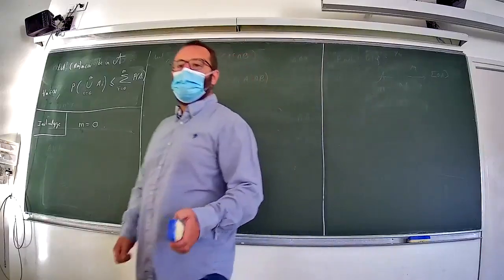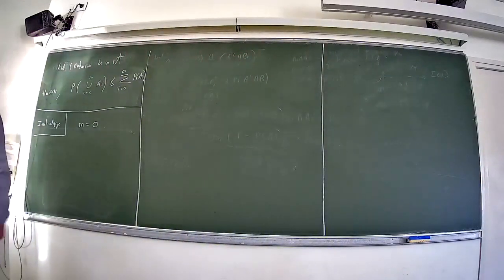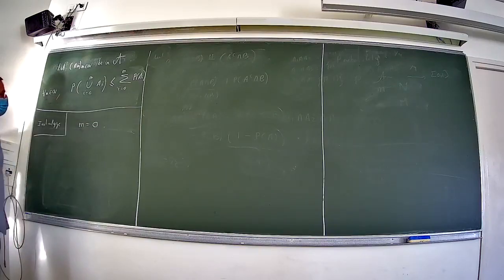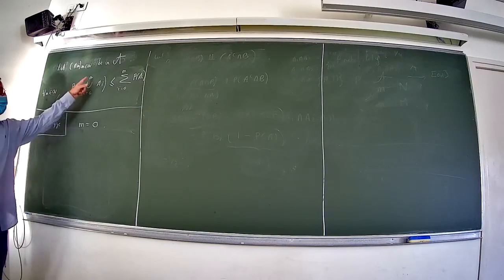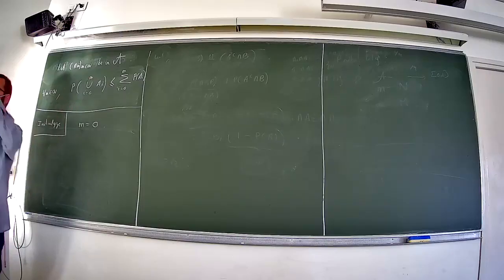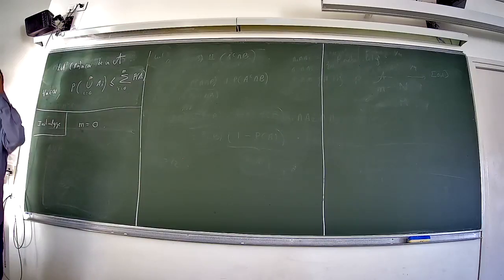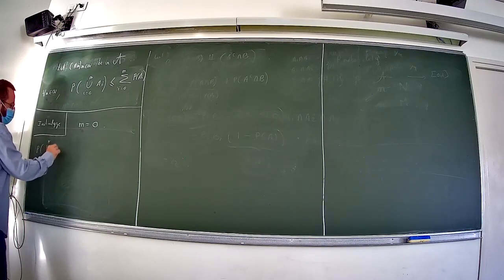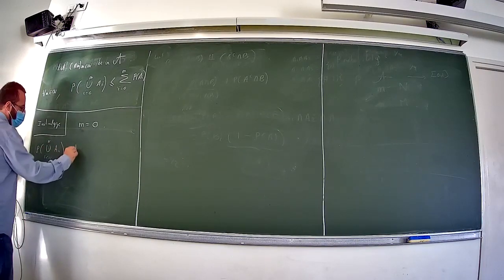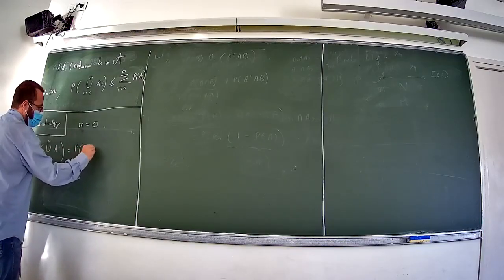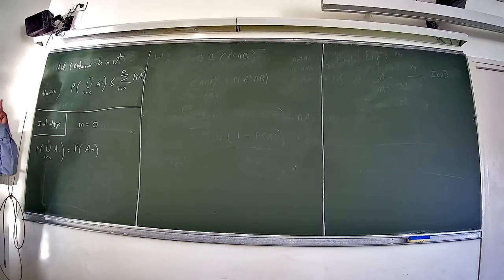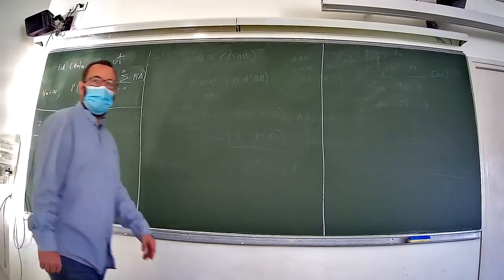So for n equal to 0, what happens? I have an inequality to prove. So what is the first term here? If I take n equal to 0, it means that in my union I have a single set. So for n equal to 0, I repeat that I will write it very correctly because it's the first time I do an induction. After I will go faster. Because n is equal to 0, I have a single set in my union, simply A0.